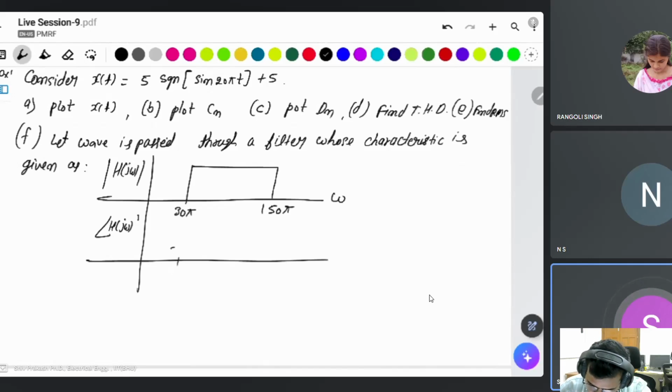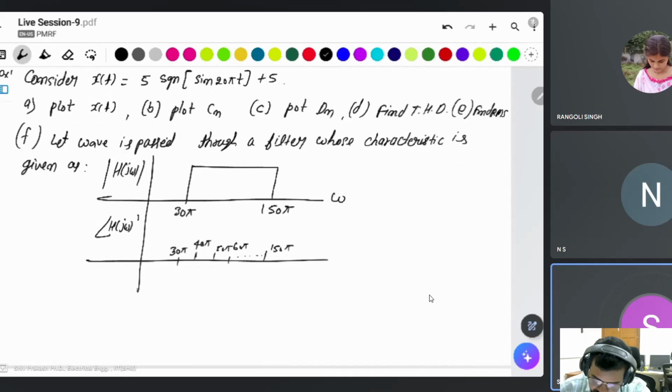This is 30 pi, 40 pi, 50 pi, 60 pi, suppose 150 pi.